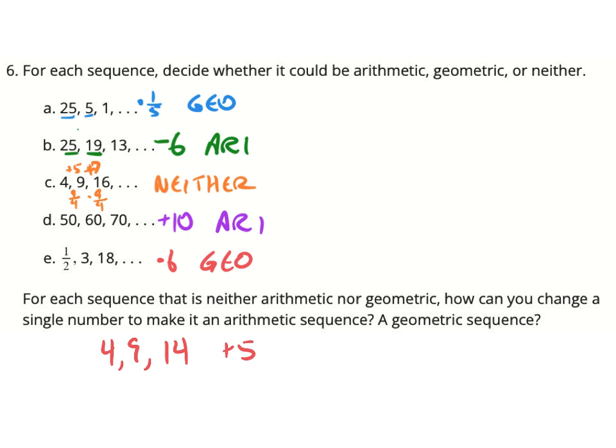Okay, so now to make it geometric, if I go from 4 to 9 by multiplying by 9 over 4, if I do 9 times 9 over 4, I get 81 over 4. Now, you could just leave it as a fraction, but if you have to put it into a decimal, I think you're going to be at 20.25. I think that's going to be the number. All right, so that's how you solve that one.